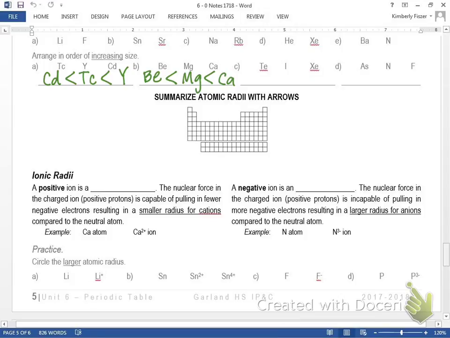The right side. The right side has more arms to squeeze my hula hoop in so tightly. So who's the smallest one? XE. After him? I. And then who? TE.